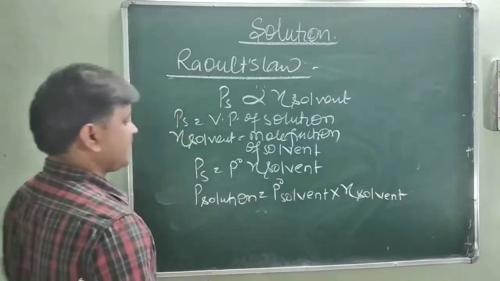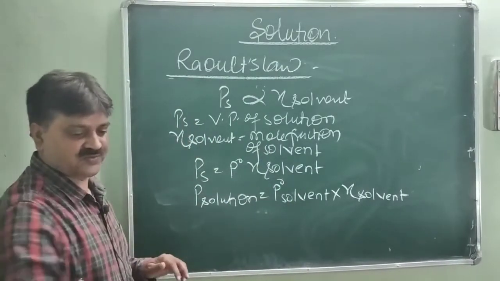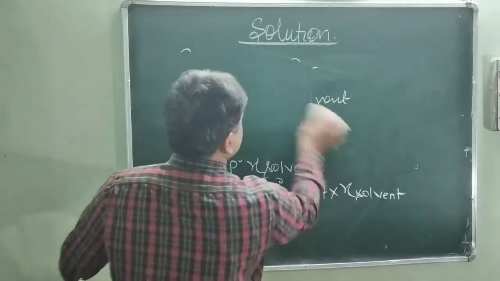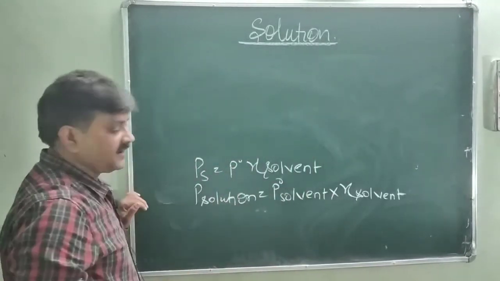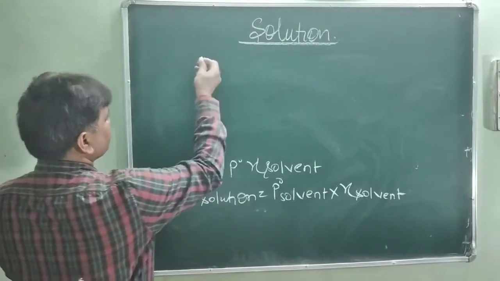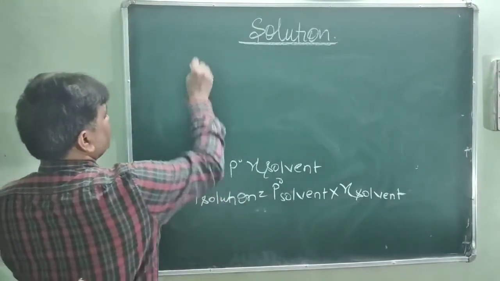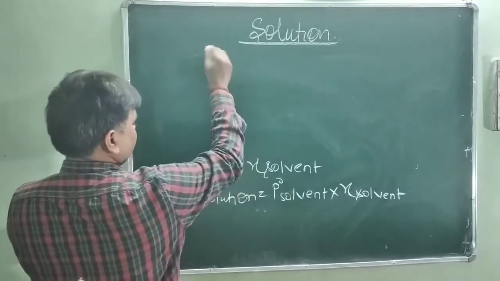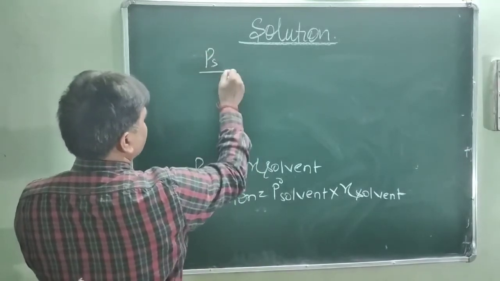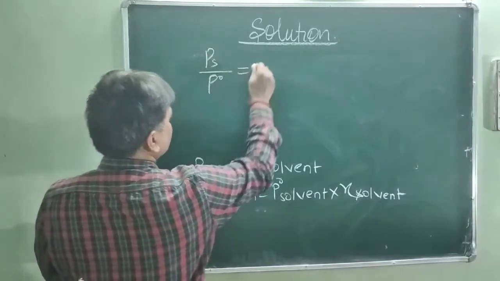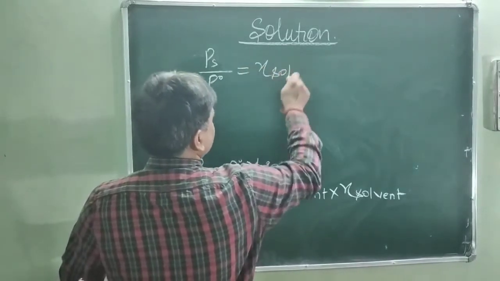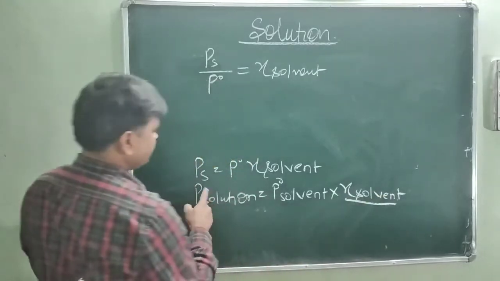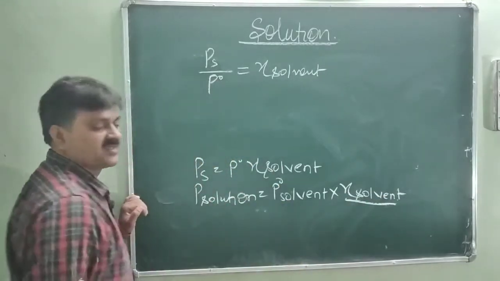We can write X solvent is equal to PS upon P naught.